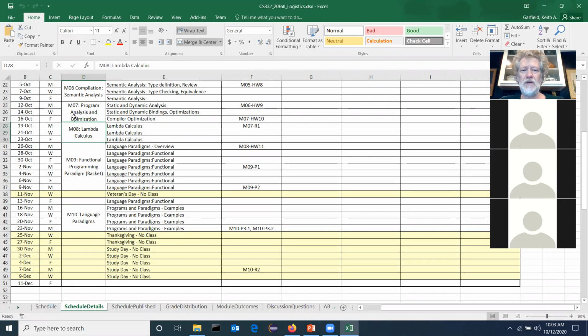Next week, we'll move into lambda calculus. Lambda calculus is another model of computation. It's highly mathematical. The notation is a little dense and ugly, but the payoff is it is actually teaching you the syntax for functional programming languages.